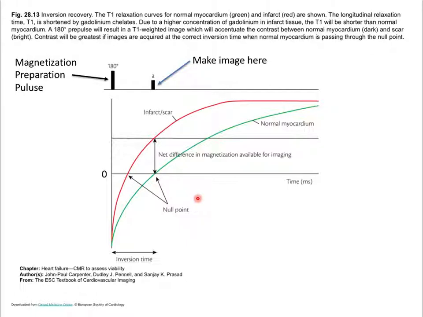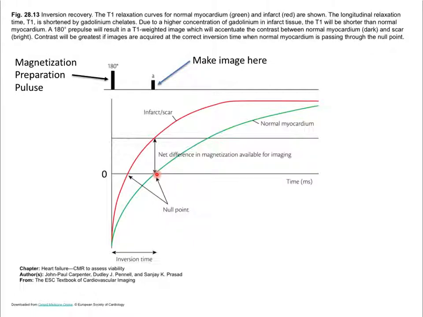And over the years, what people have iterated towards in terms of imaging is they try and make an MR picture at the time that the normal myocardium is crossing 0. So when the magnetization is no longer negative or positive in the Z direction, we'll make a picture then. And so the background will be 0, and we'll see a bright infarct. Right? And that's called the null point.